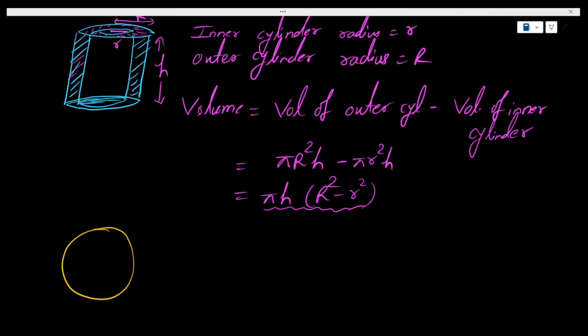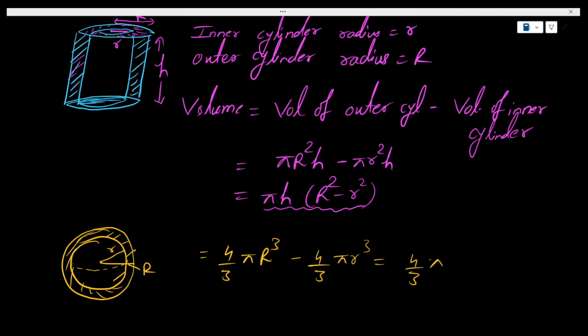If I have a hollow sphere, then how much material is used to make it? Again, you can take 4 by 3 pi R cube, where capital R is the outer radius, minus 4 by 3 pi r cube for the inner radius, small r. So you get 4 by 3 pi times (R cube minus r cube).